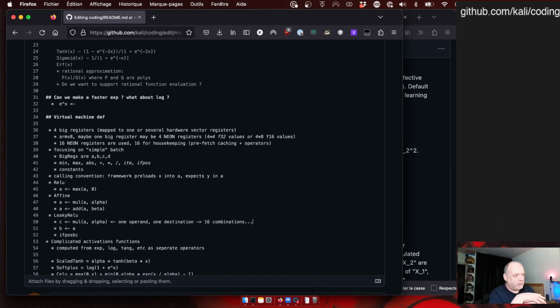So what I'm saying is I'm trying to limit the number of operators that actually have high cardinalities of registers. So I definitely don't want to do if A, then B, else C. This is something I don't want to do, because this is 64 combinations.